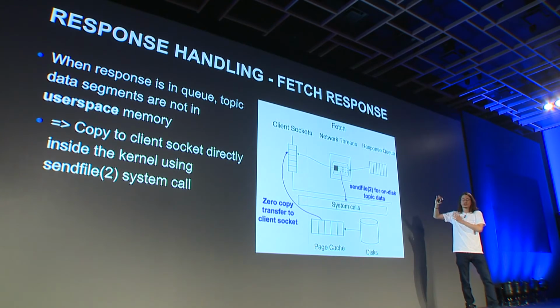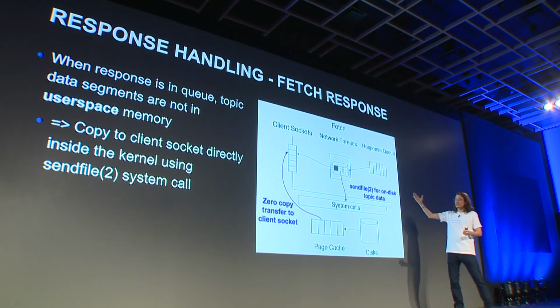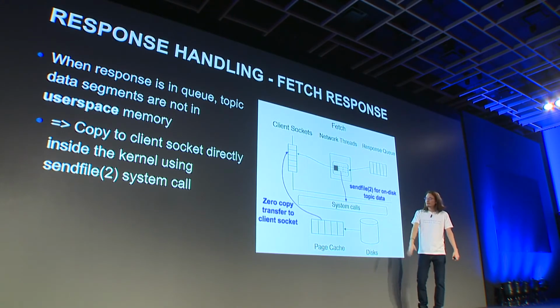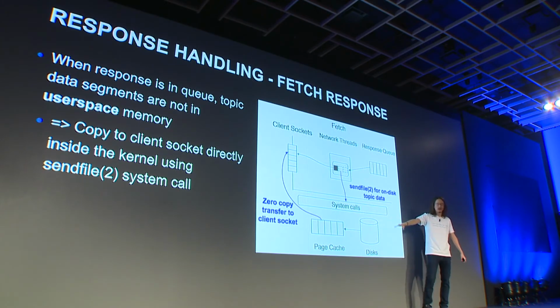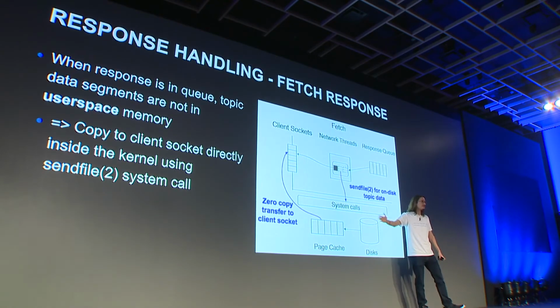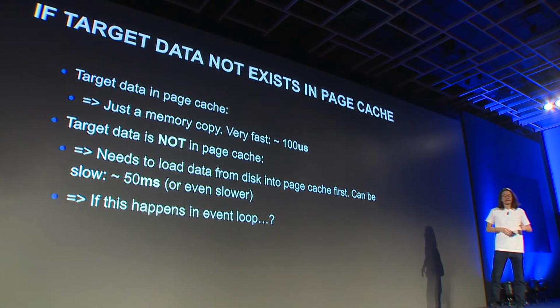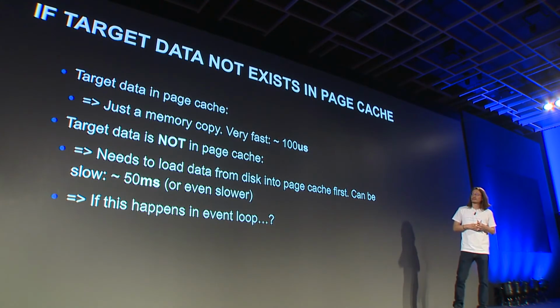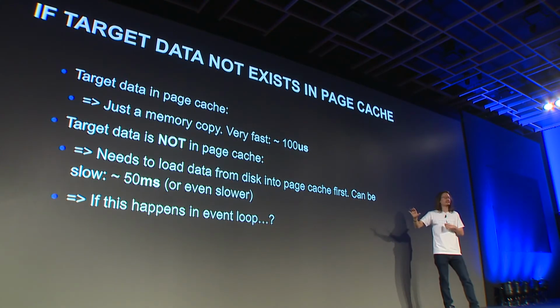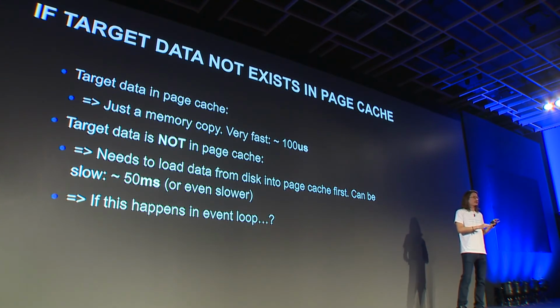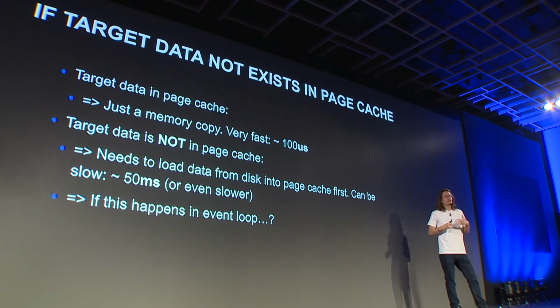Kafka's design is very dependent on this feature. But if the targeted data is in the Linux page cache, it simply copies it. If the page cache doesn't have it, the data has to be loaded from the local disk. That's the necessity, so we thought about what happens when this disk load occurs. If the data is in the page cache, it's a simple memory copy operation, typically processed in several hundreds of microseconds.